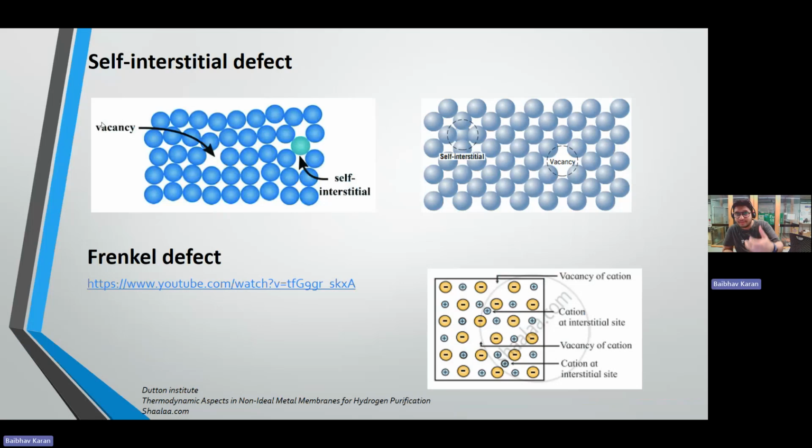So this is a self-interstitial defect, but in case of an ionic solid, so it is known as a Frenkel defect. The lattice point where the cation was present is vacant, and this cation goes into a different position and takes an interstitial position.